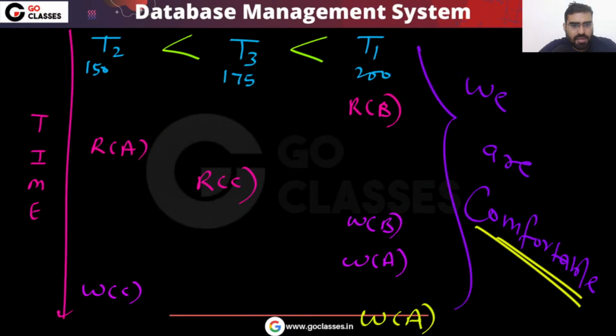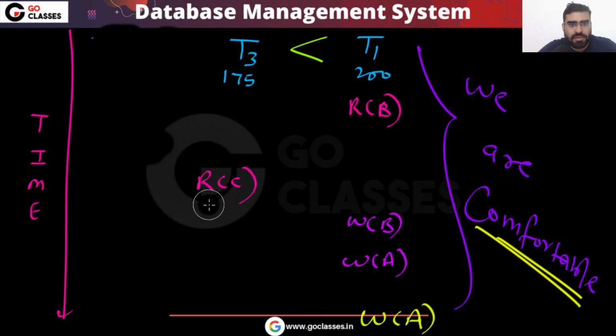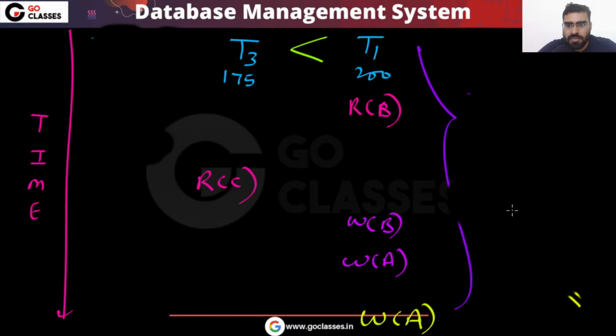Very simple. Once T2 rolls back, there is no problem. Now T2 has rollbacked and T2 has gone. Is there any other rollback?